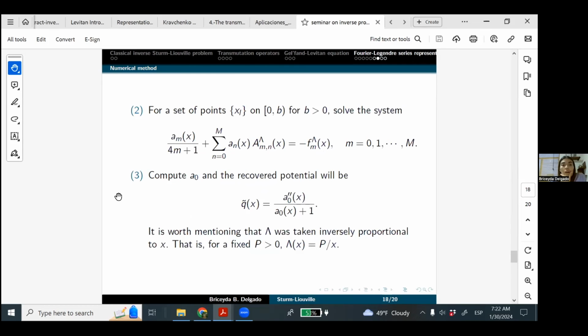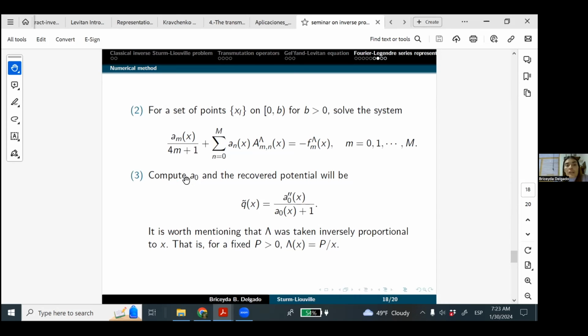Now we choose a set of points on the interval 0, b, and for these points we solve the system point-wise. It's the same, but here it is just truncated to m. After solving it, we will have an m by m system of equations.